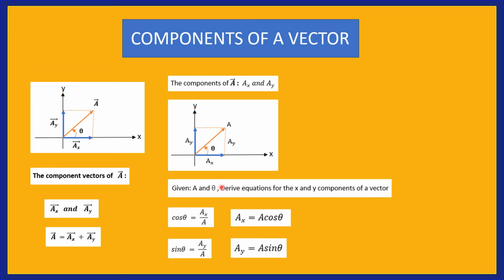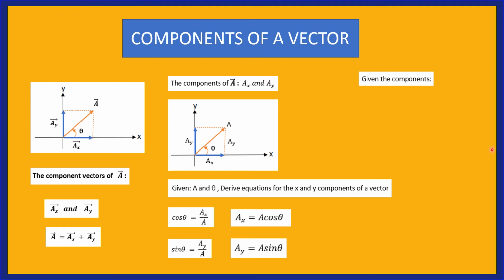So if a vector lies in quadrant 2, then A_x is negative, it's to the left, and A_y is upward. In the third quadrant, A_x is to the left, negative, and A_y is downward, also negative. In the fourth quadrant, we have a positive x component and a negative y component. So A_x can be positive or negative depending on the location of the vector in the Cartesian plane.